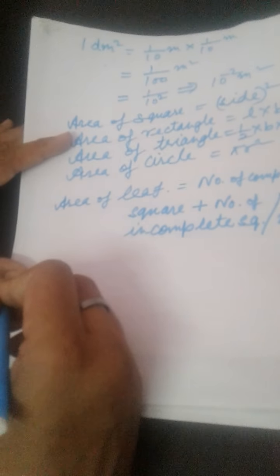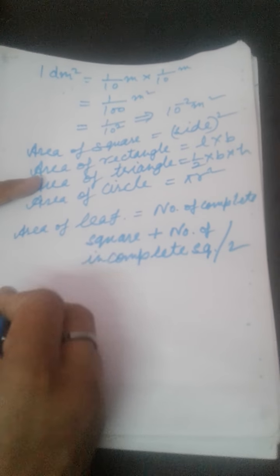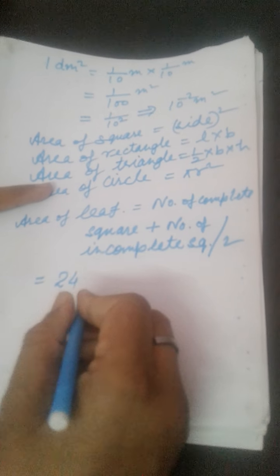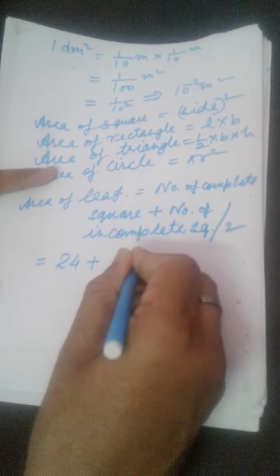I just take an example, like suppose number of complete squares are 24 and number of incomplete squares are 26.